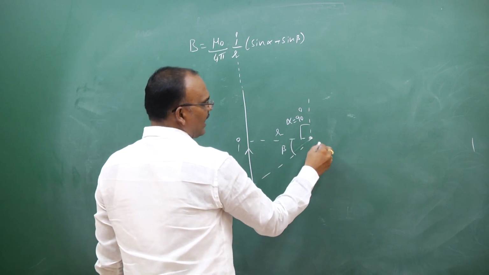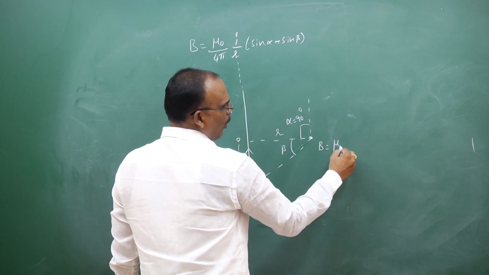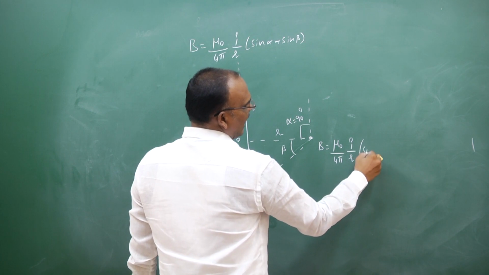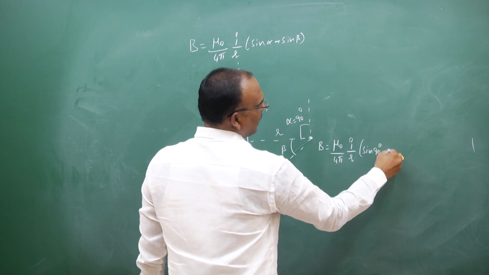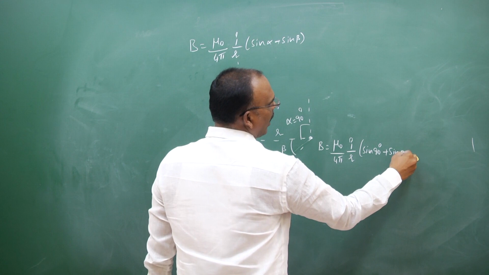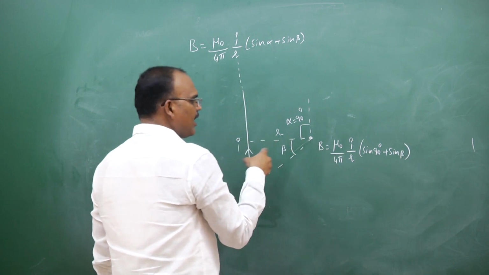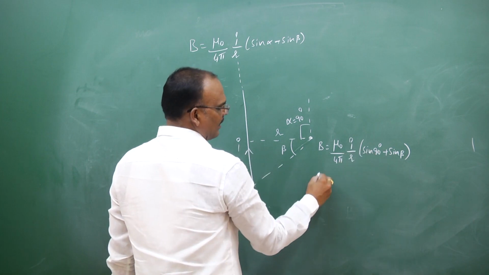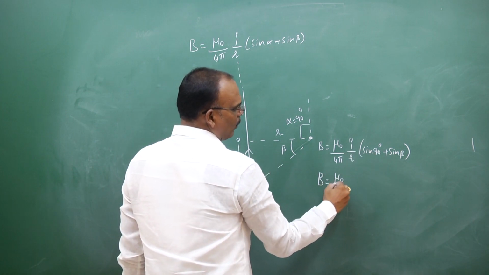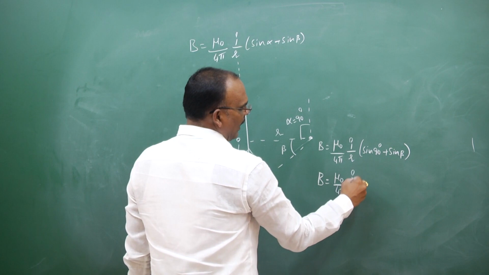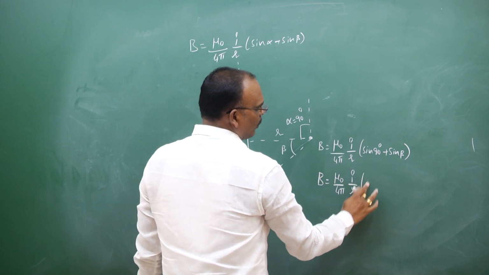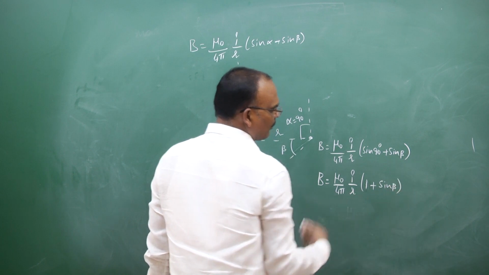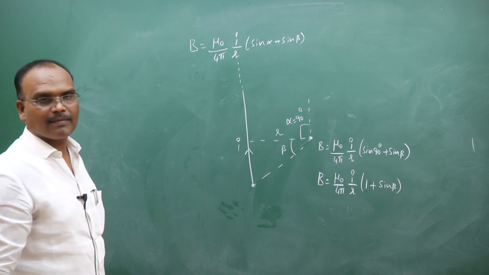Then the magnetic field B is equal to mu naught by 4 pi into I by R into sine 90 plus sine beta. If the geometry is known, we can calculate this angle. Since we don't know the geometry, we represent it like this. Then B is mu naught by 4 pi into I by R into sine 90, which is 1, plus sine beta.